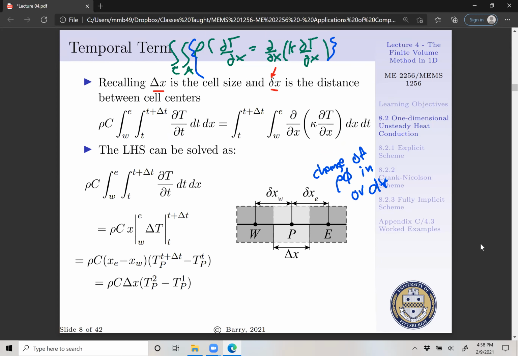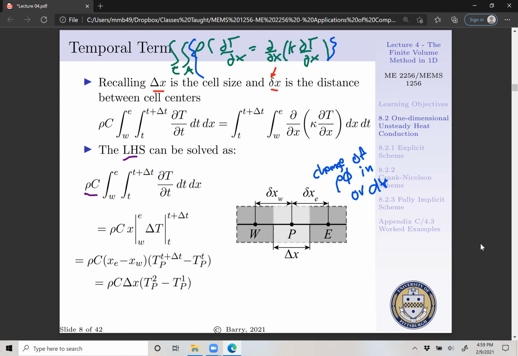So we'll just go through the integration. Let's look first at the left-hand side. We have our density times our specific heat, the integral from our west face to our east face, between time t and t plus delta t, of partial T with respect to t dt dx.